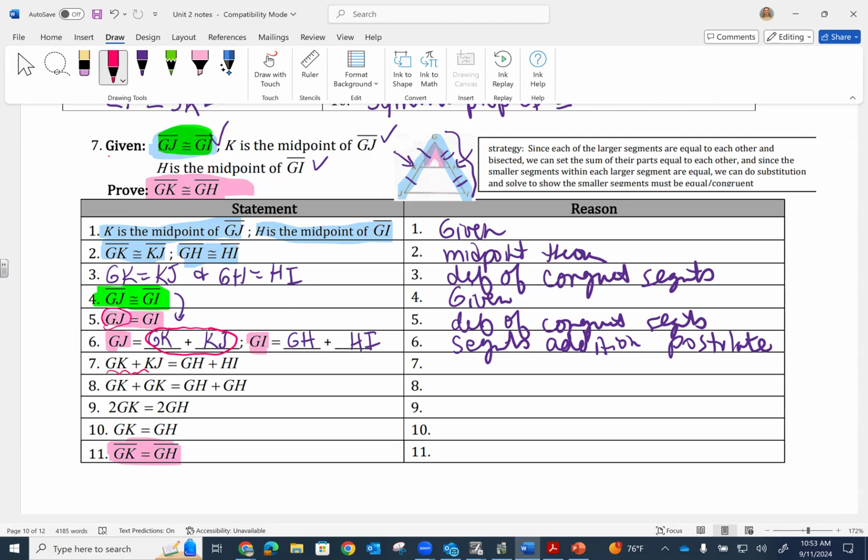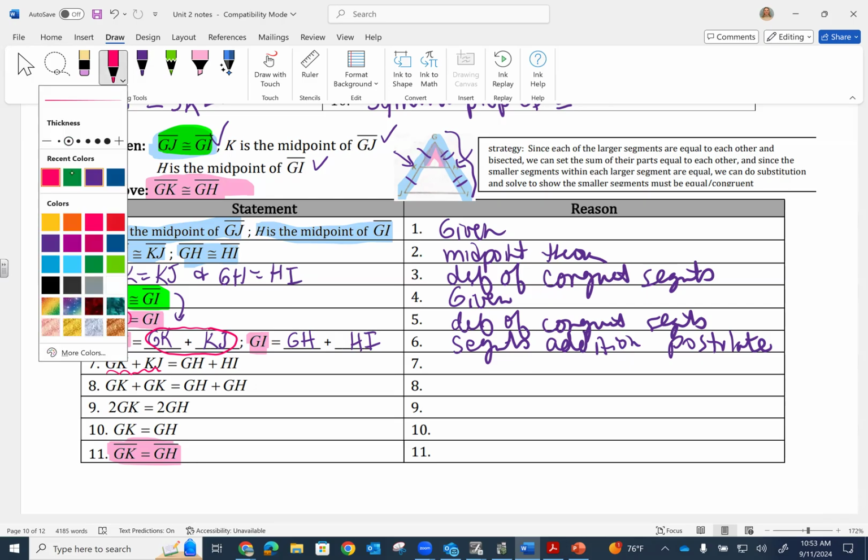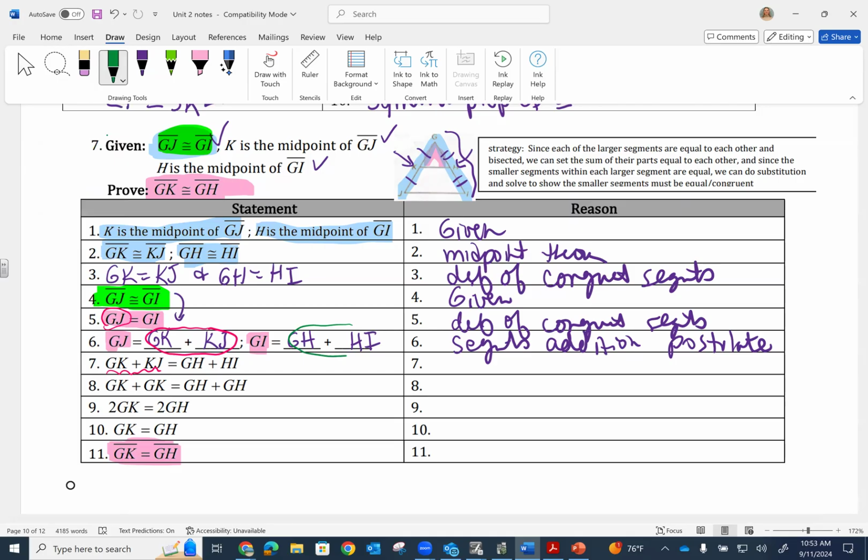And then since GI actually equals these two things right here, in this equation I'm going to put this stuff right here. So that's the transitive property, okay? You're swapping out a whole side, so it's a transitive property.